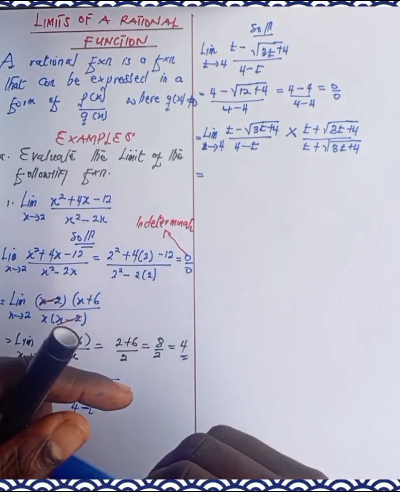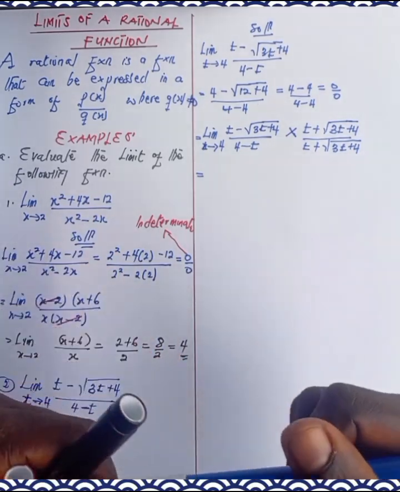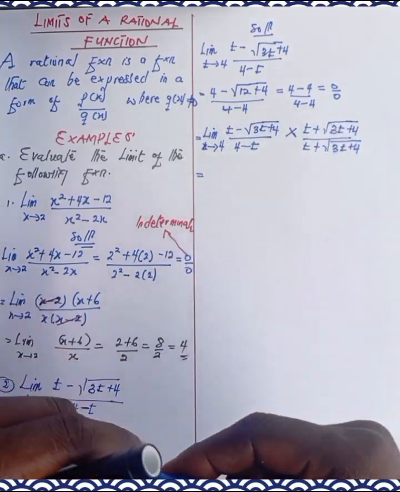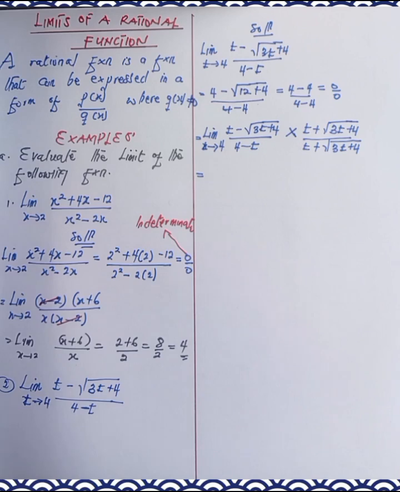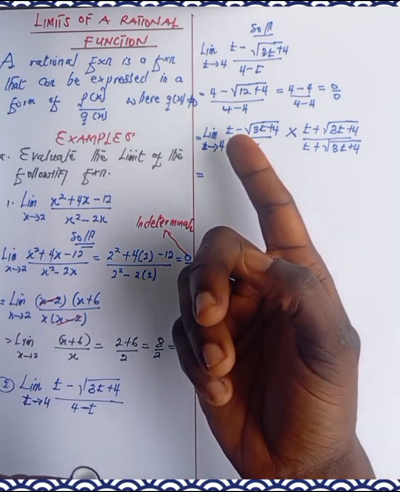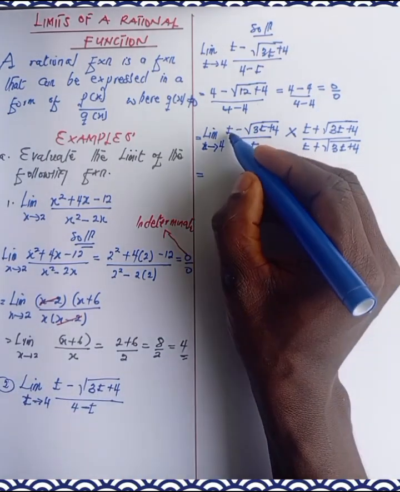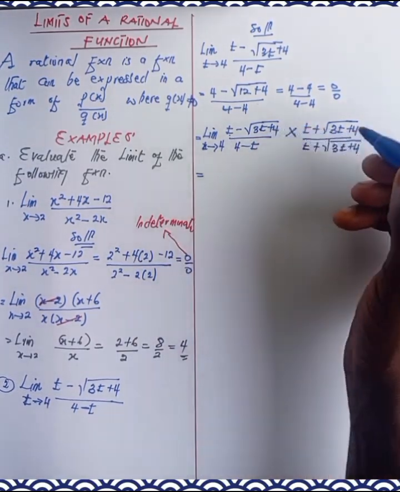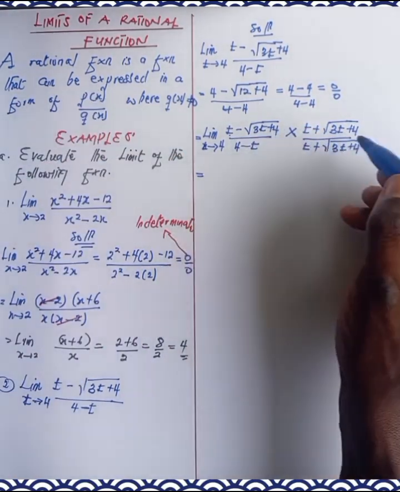So the next thing that we are going to do is to expand and then simplify. But you can see that this is a difference of two squares, so we can apply the difference of two squares property. As I said, if you have forgotten, go back and watch my previous videos on rationalization. We just square t and square the root, which gives us the simplification for the top.